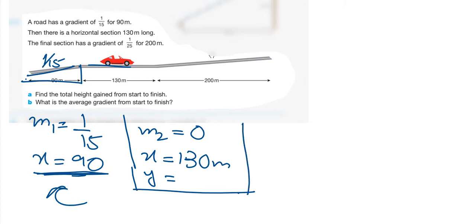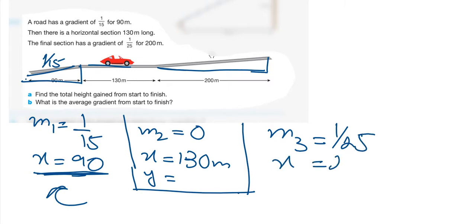And the last one is, you are given 200 meters, m3 is 1 over 25, x value is 200 meters, and y we need to find.